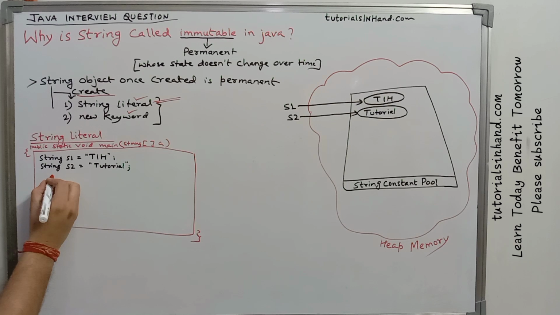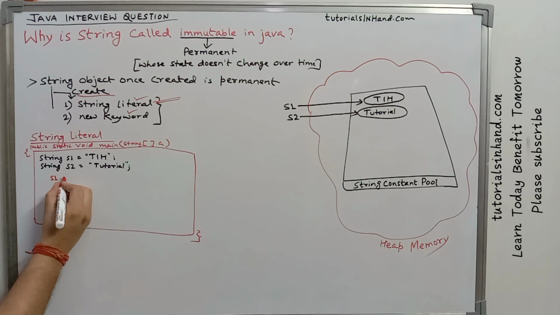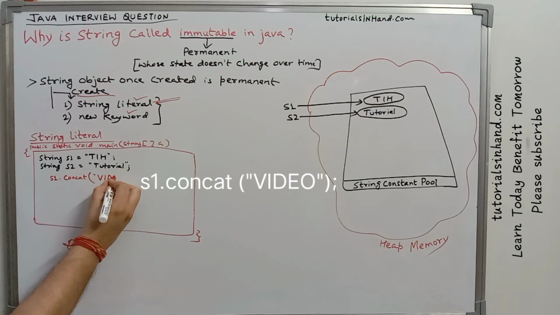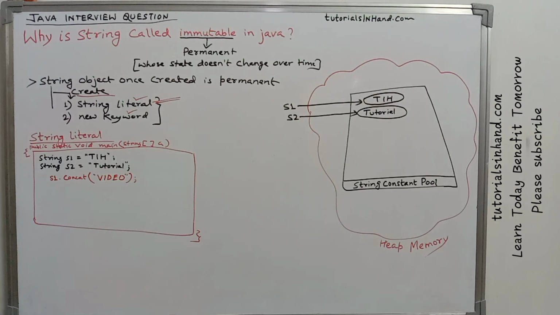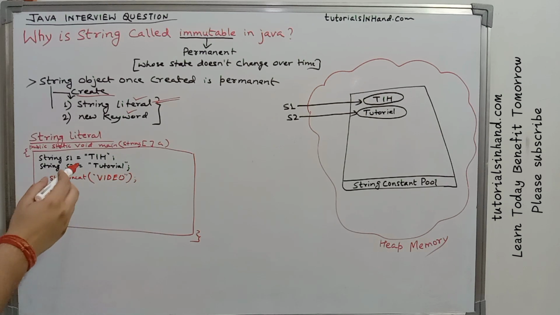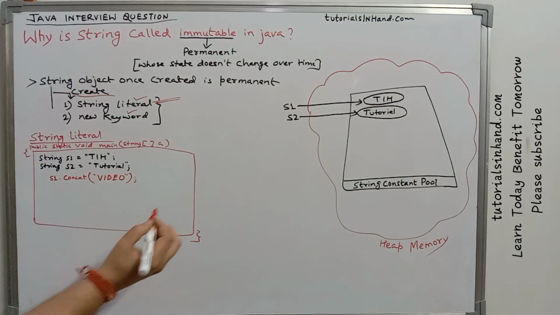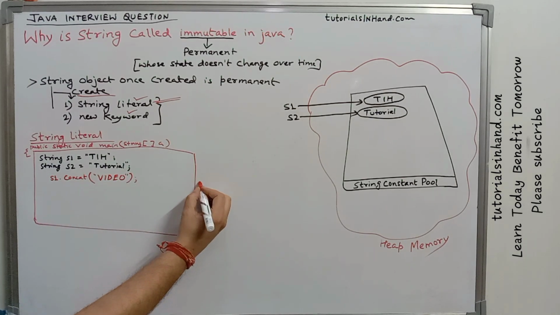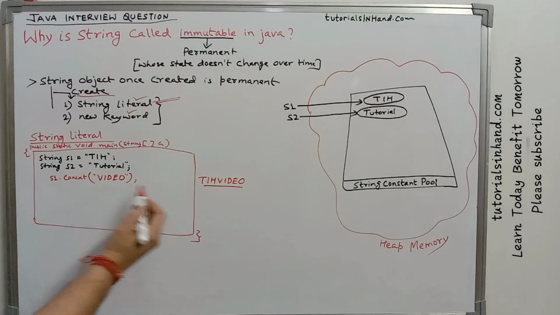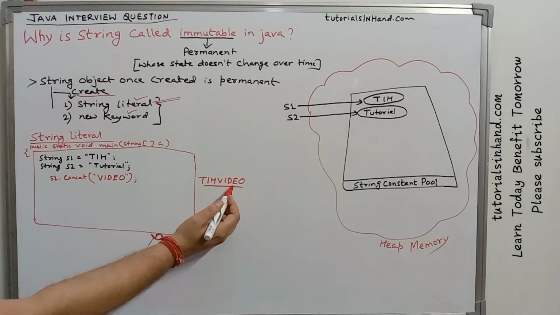Suppose I want to change this one to s1.concat("video"). So we are trying to concatenate TIH with video, and it should make something like this. Now some new object will be created, something like TIH video.